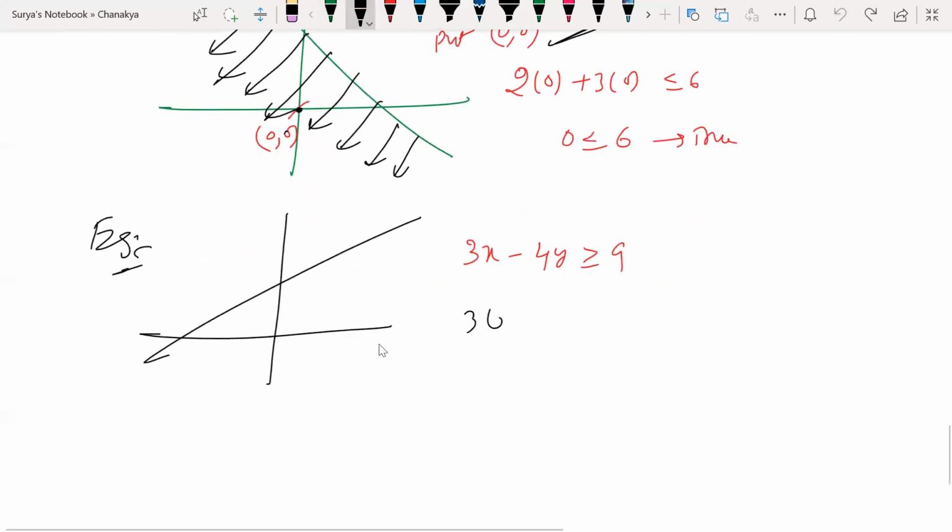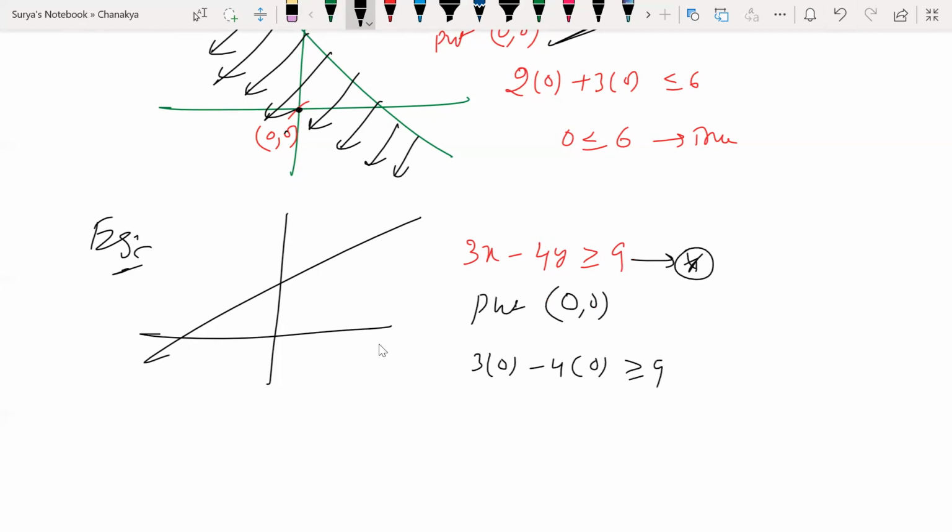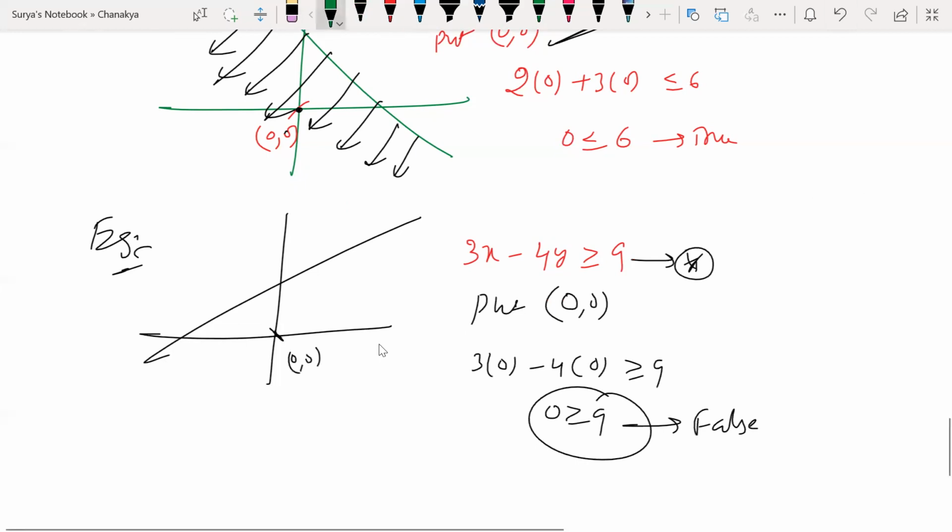I don't know whether the line I drew is correct or matches this inequality or not. For example, I'm explaining to you. Put 0 comma 0. This is the star equation. So 3 into 0 minus 4 into 0 greater than 9. So 0 greater than 9. True statement or false statement? False statement. So 0 comma 0 is below the line. This is 0 comma 0. So when I take 0 comma 0, I'm getting false, which is nothing but it is not lying on the below side. False is nothing but above the line always.